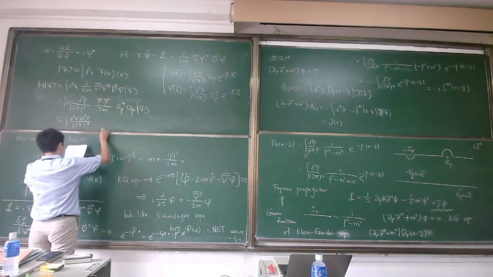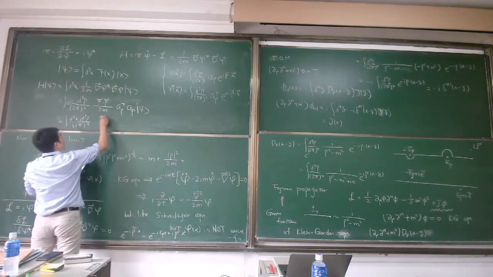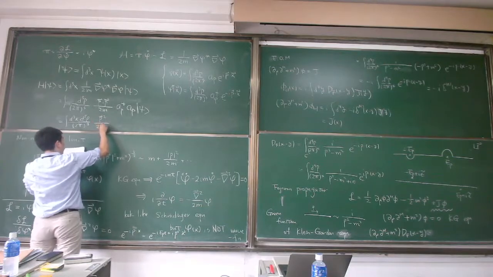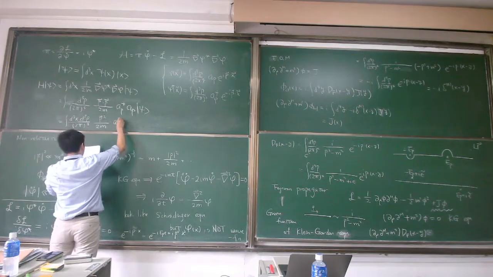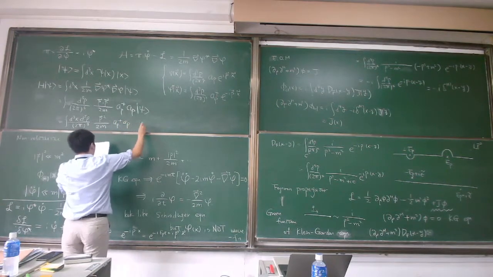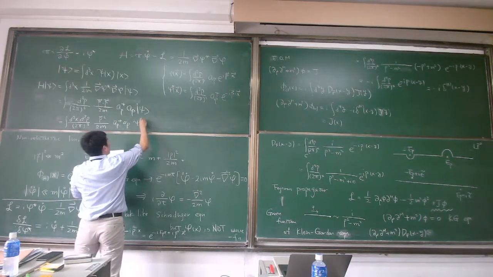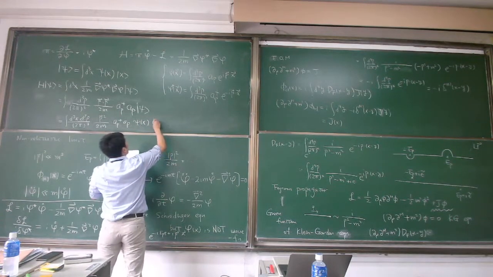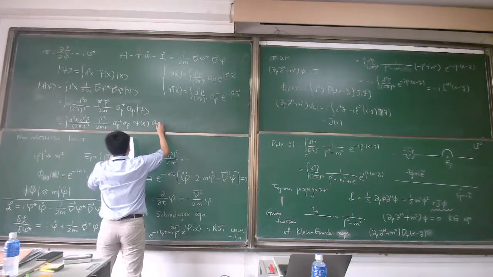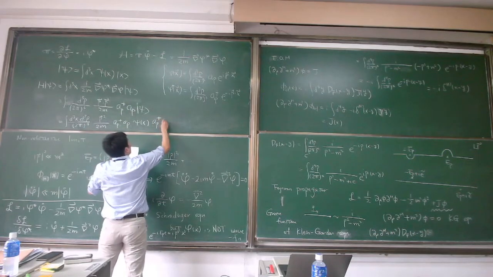And then p squared over 2m, and then a_p dagger a_p psi of x, and then to get the x state, you need to do the following operation.